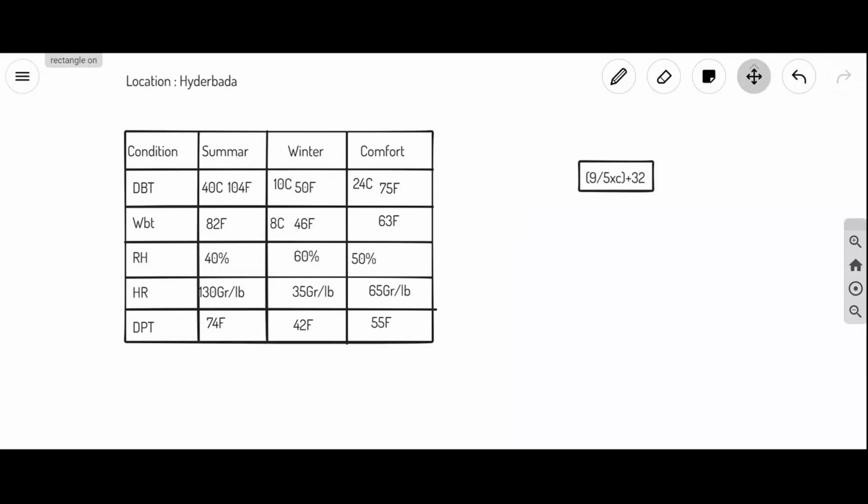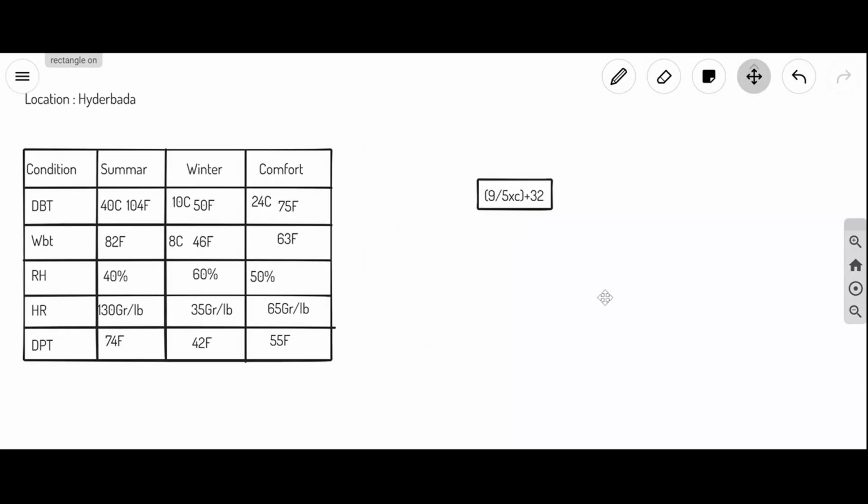Got it? Now, summarize these values so that you will understand what is the use of this.